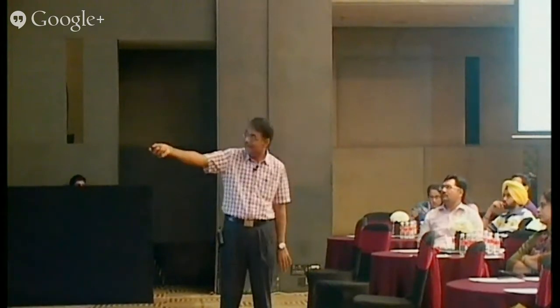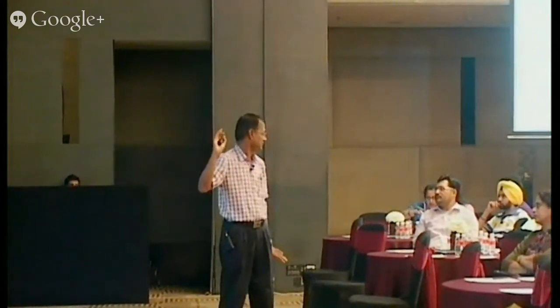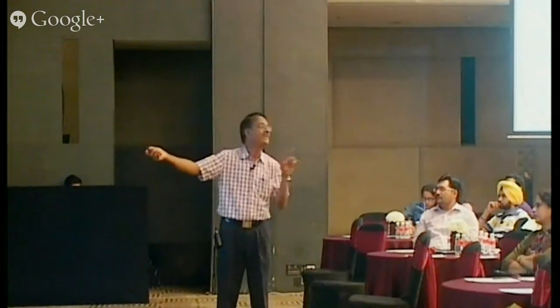So we can use this vector identity and see that E plus j omega A is equal to minus del V, which translates to E is equal to minus del V minus j omega A. That is the part we have already seen. So this is for the time varying fields.